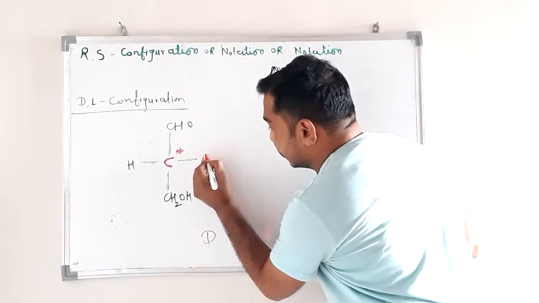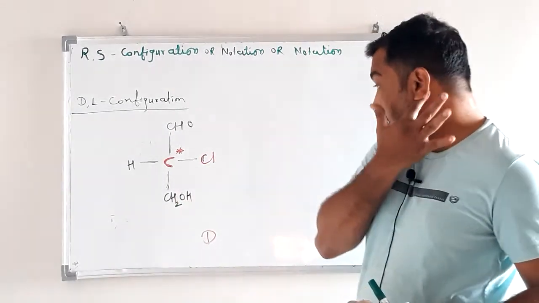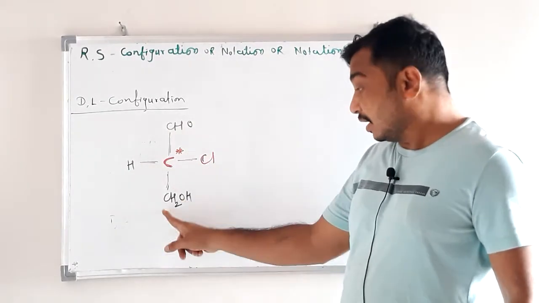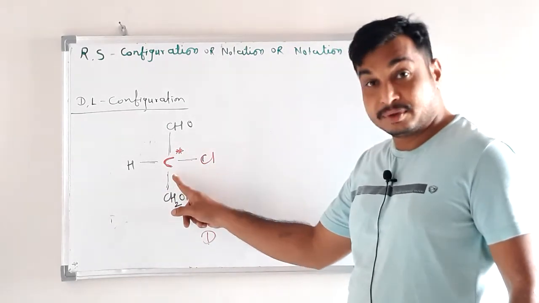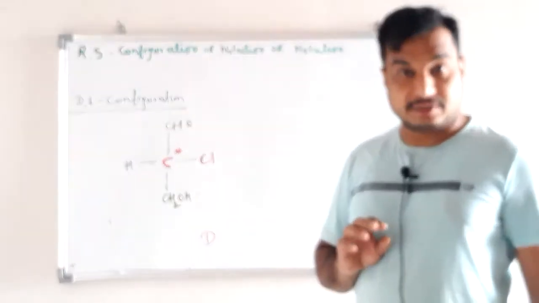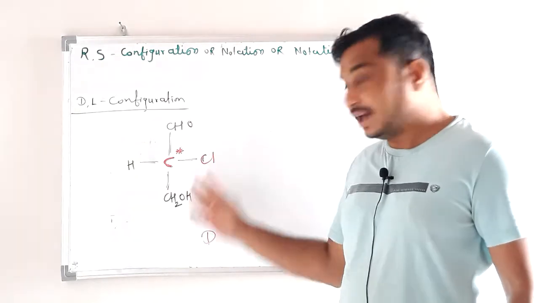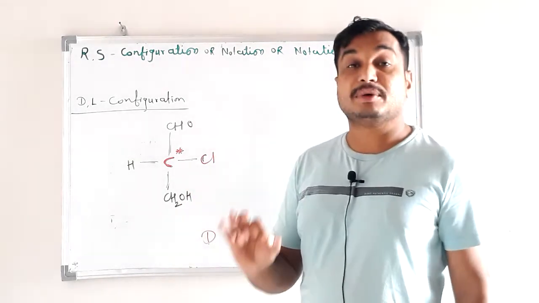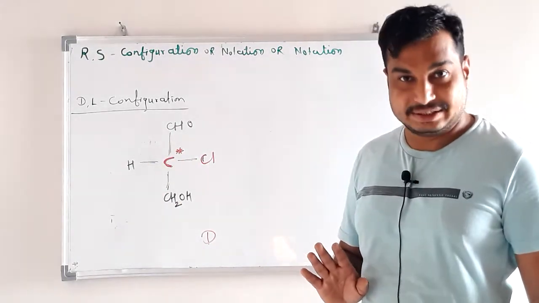Here it is Cl, chlorine, not an OH group. The four substituents attached to this carbon are the aldehyde group, hydrogen, chlorine and CH2OH. So around this chiral carbon atom, the OH group is absent. So is it D? No. L? Not possible, because this system is only applicable for carbohydrates and amino acids.